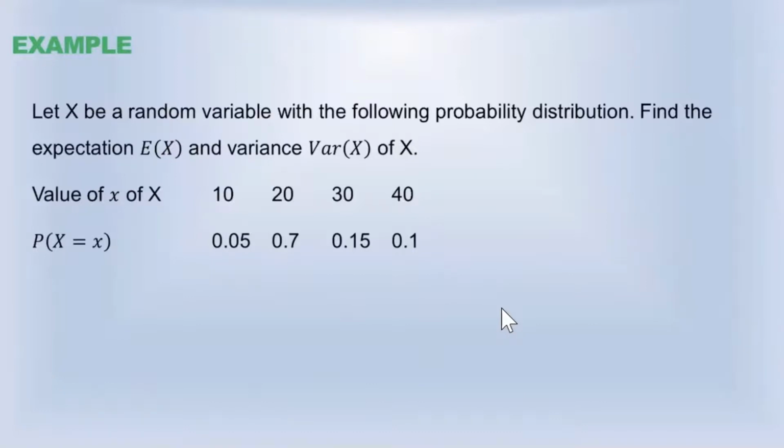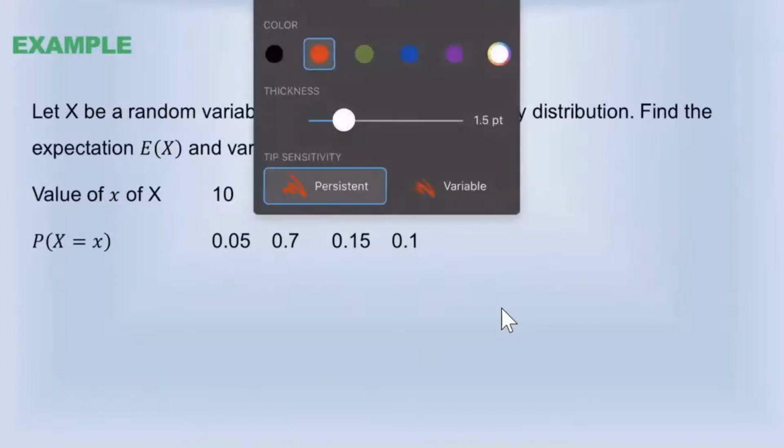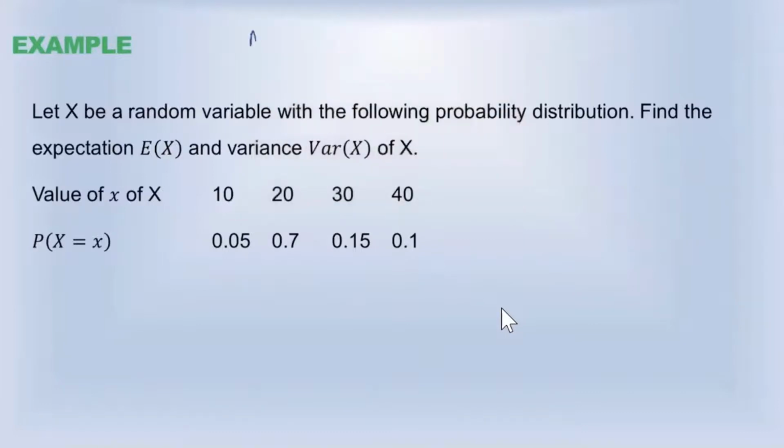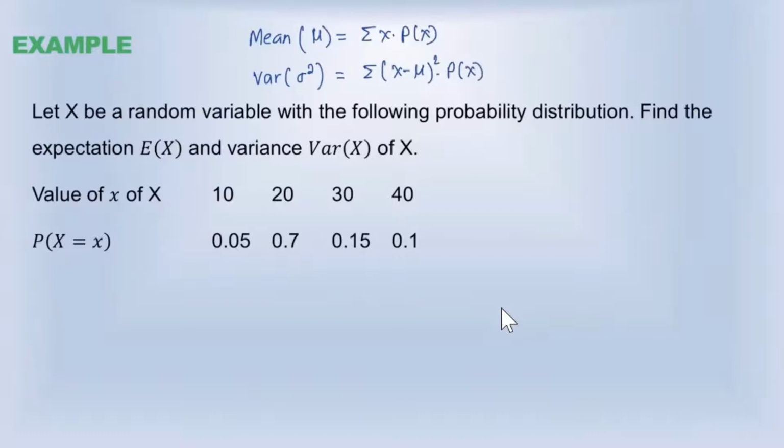Who can tell me? You can unmute yourself. Sum of x times probability of x. Very good. And what is the formula for variance, sigma squared equal to? Sum of x minus mean, the quantity squared, times the probability of x, right? So let's use these formulas to calculate the mean and the variance.